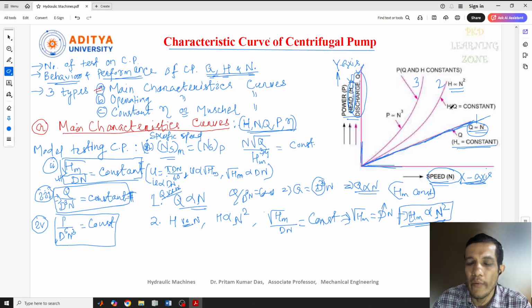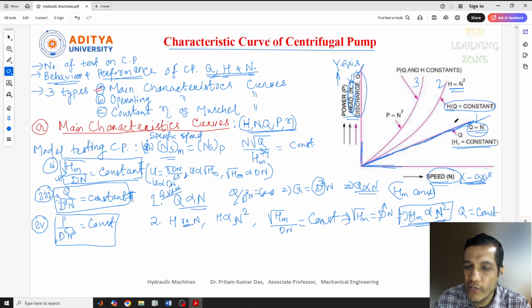Now at this condition, our discharge needs to be taken constant here. One parameter we need to take constant, otherwise it is not possible. So for the first condition, head was constant. Now here at this condition, we need to consider Q is constant for the second.